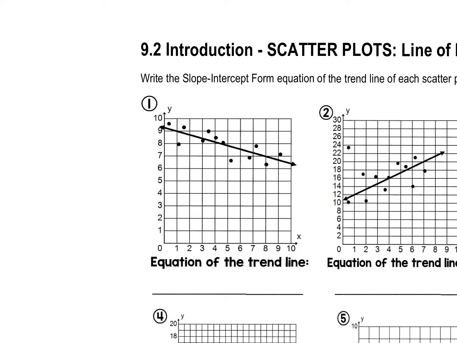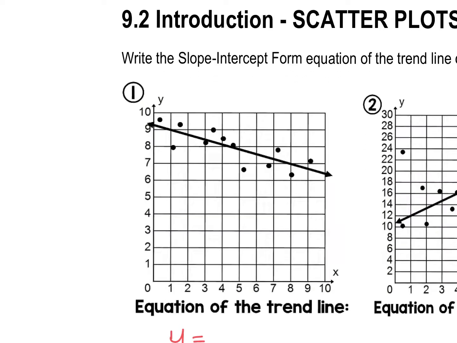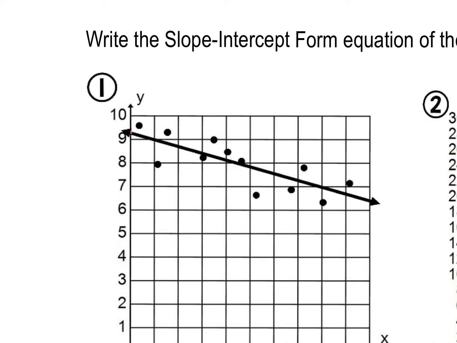It's going to be in slope-intercept form, so we write y equals, and then we need to find the slope and the y-intercept. So let's look at this first one. I'm going to zoom in here. It looks like the y-intercept is something a little bit more than 9. And then I have a really good point here, and let's say a really good point here.